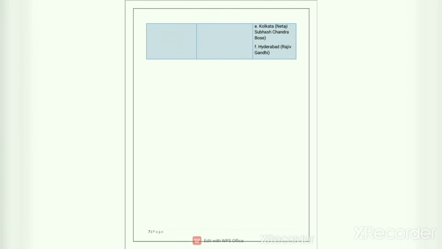Next, Netaji Subhash Chandra Bose International Airport, which is there in Kolkata, and Rajiv Gandhi International Airport, which is there in Hyderabad. That's it. That's all about the syllabus of geography of class 10. This syllabus has been prescribed by CBSE board for the academic session 2021 to 2022.